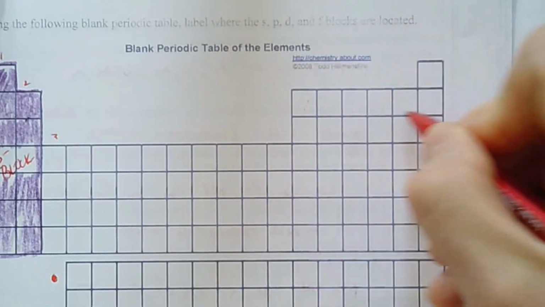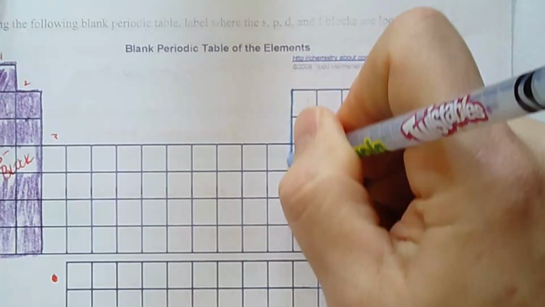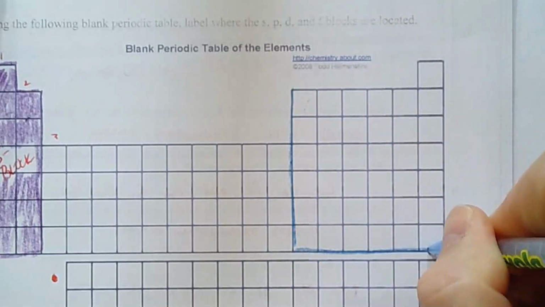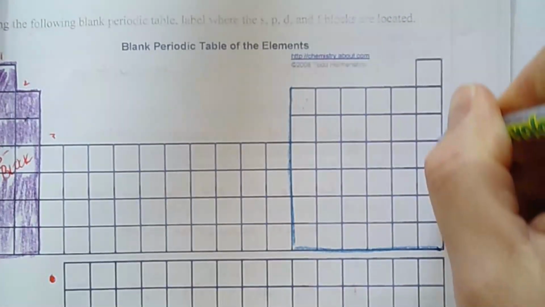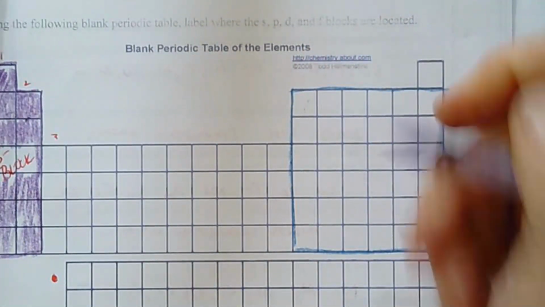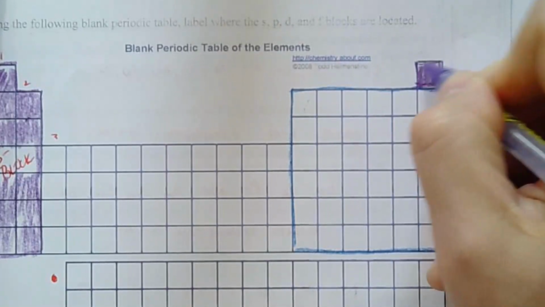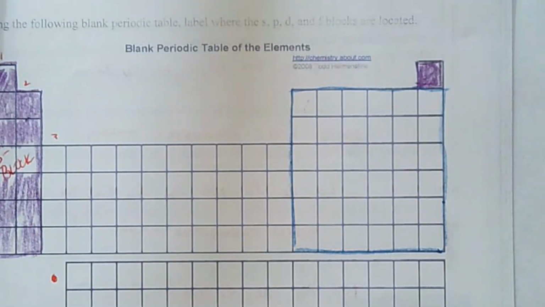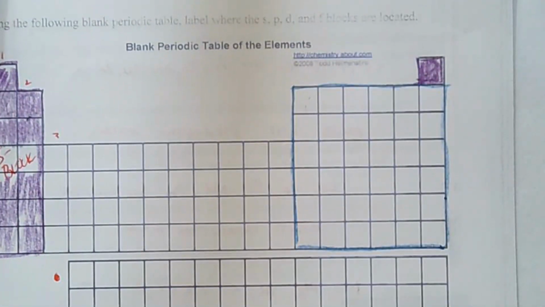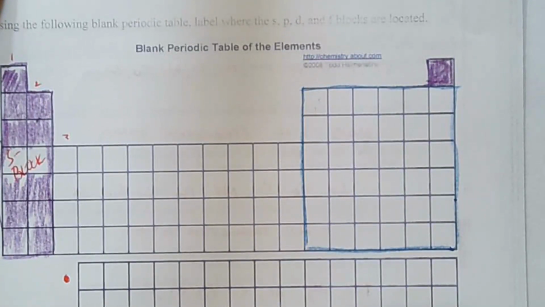And if we look at how many columns are in this little area over here, blue, notice there's 6. Just need to color this one purple because electron configuration wise it should be an S block, but it's over on this side due to chemical properties.